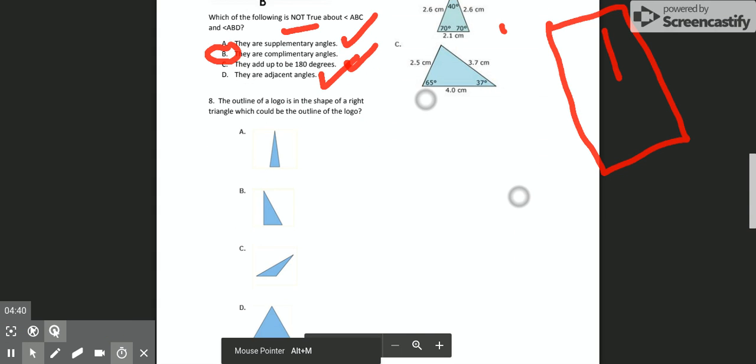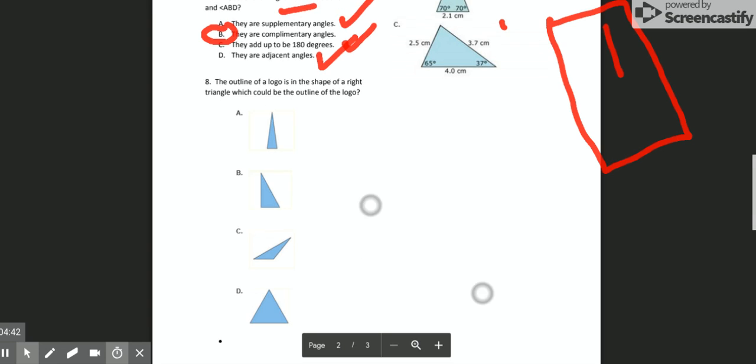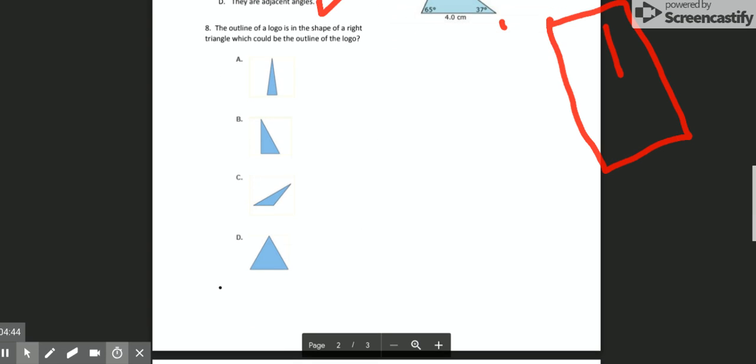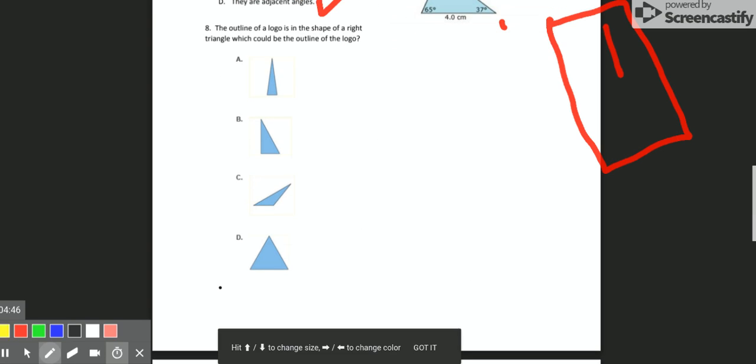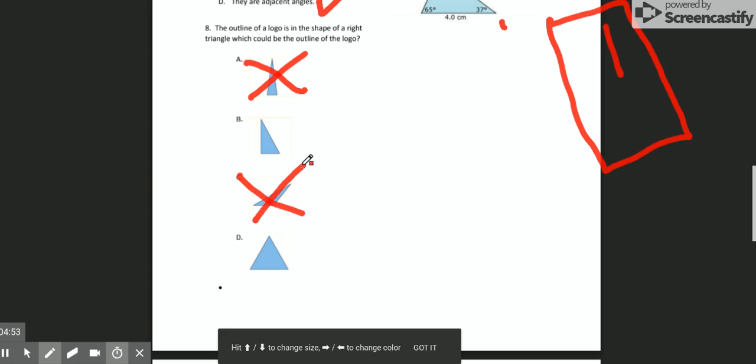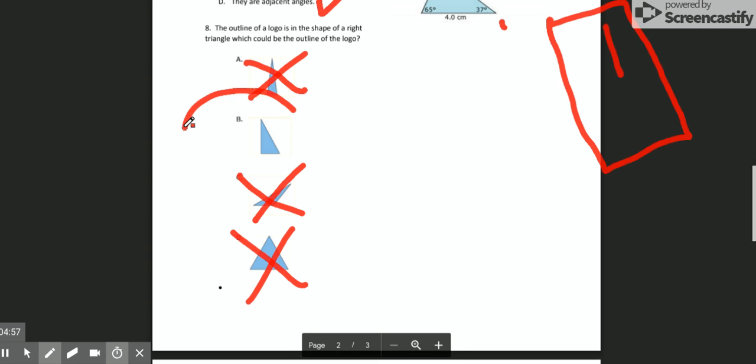On number 8, it wants to know which one is the right triangle. So that one has acute, so that's not going to be it. This one has an obtuse angle, so that's not going to be it. And these are 3 acute, so that leaves B because it has a right angle right there.